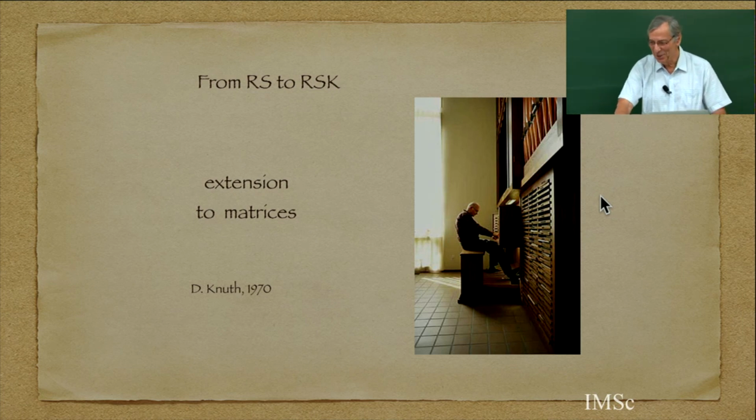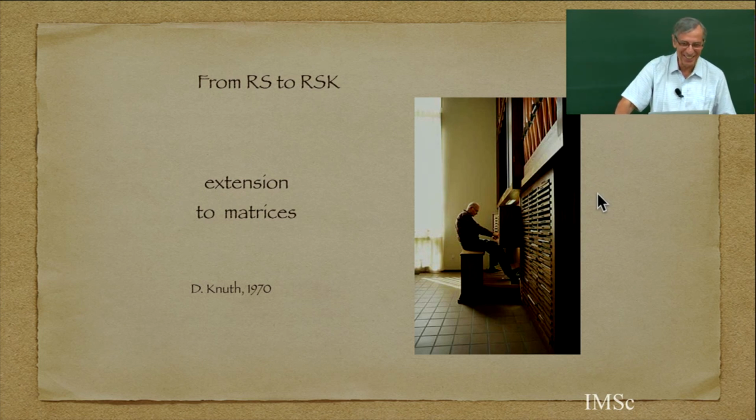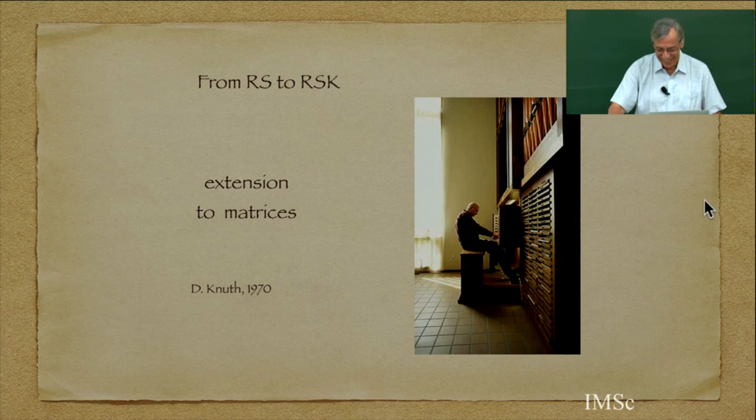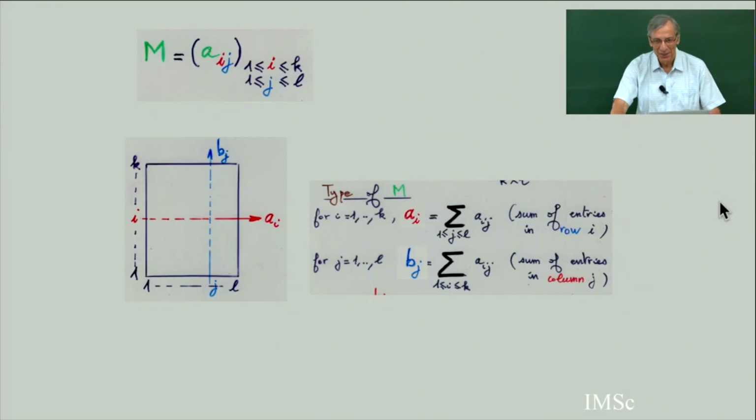Okay, now some people are waiting since one month to get the RSK instead of RS. So now I go to RSK, Robinson-Schensted-Knuth. You have a matrix M with k rows and l columns, with coefficients a_ij that are integers. They can be 0, 1, 2, 3.